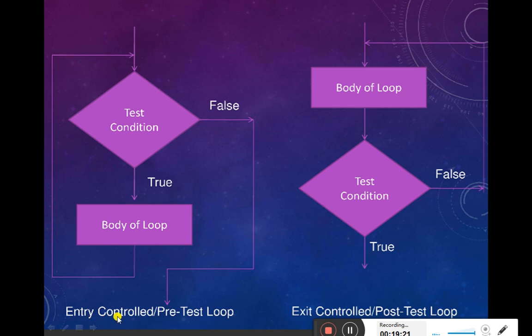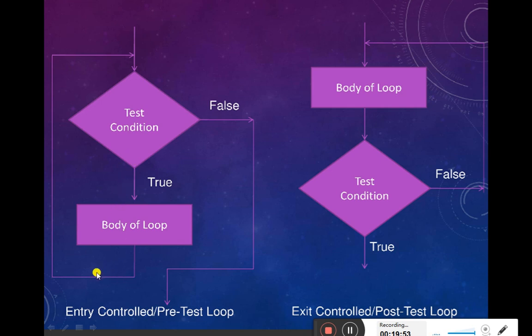So in an entry controlled looping statement, what happens is that we do the condition test first. If the condition test is true, we go for executing the statements in the body of the loop, and in this way we repeat execution of the body of the loop as long as the condition test is true.